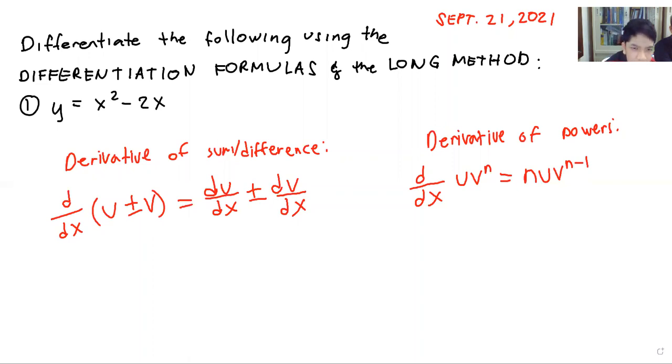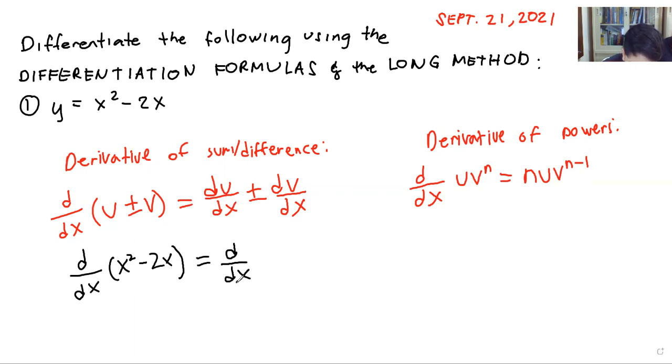All right, so let's start. Here we can see that this u plus v is x squared minus 2x. So using this formula, this is actually d/dx of x squared minus d/dx of 2x.